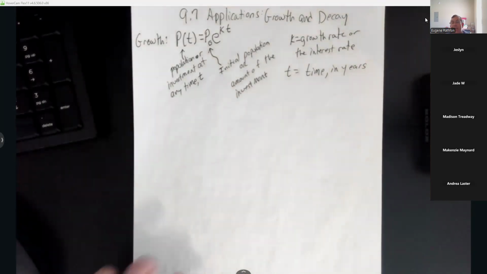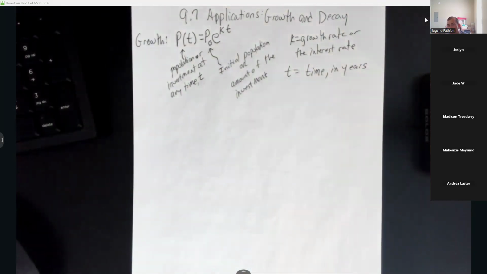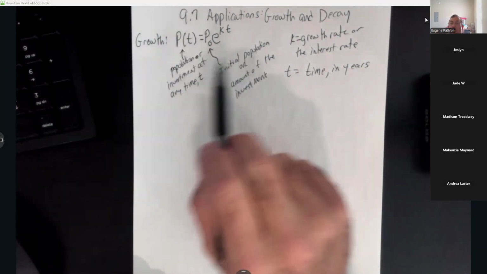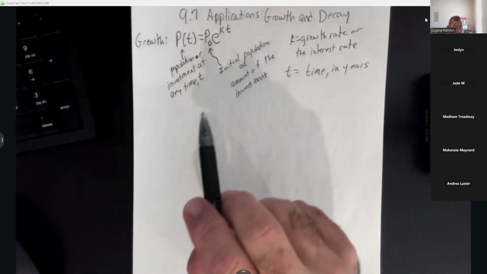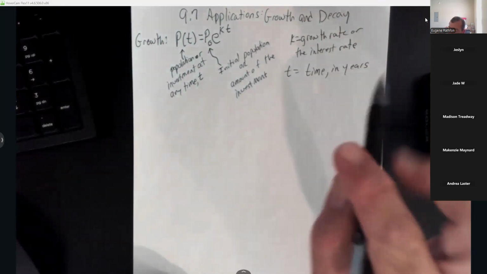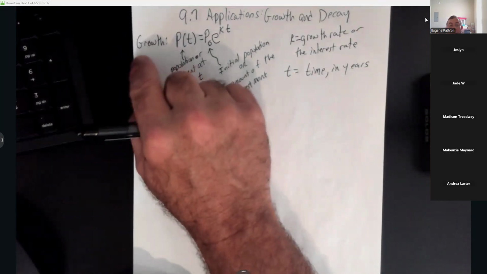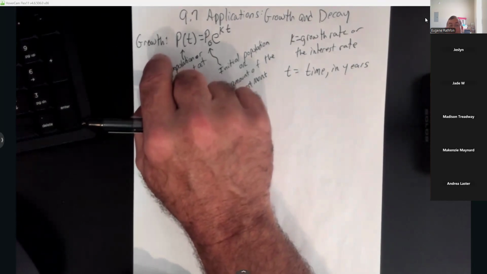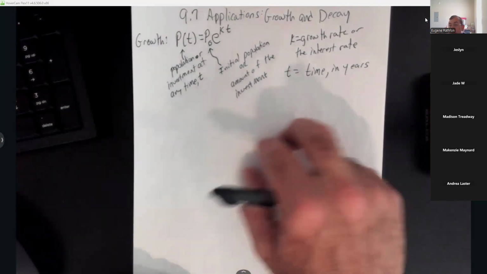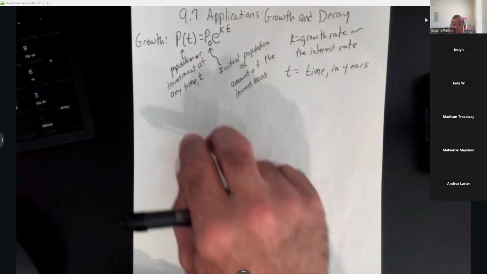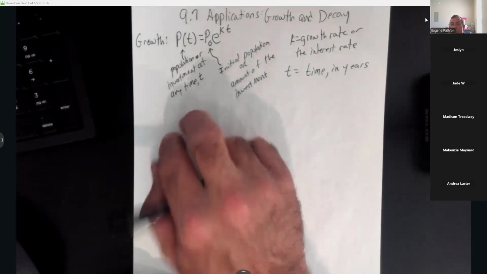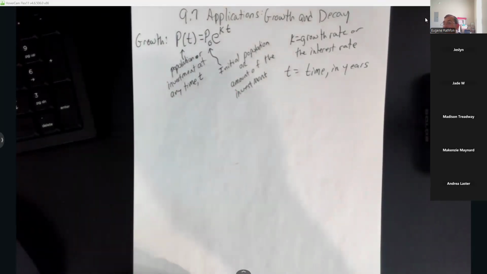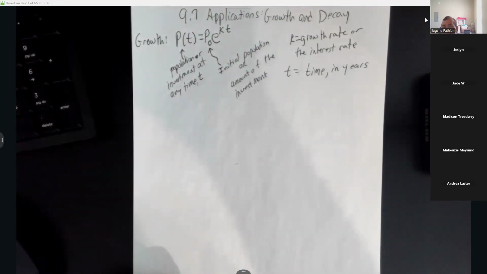So if I got continuous compounding, which means it's always being compounded, then we would use this formula for our investments, okay? Now, the only difference is if it was decay, if I was looking for decay, which would be a decline in the population and stuff like that, then this K would be negative. So the K is negative for decay. It's positive for your growth.